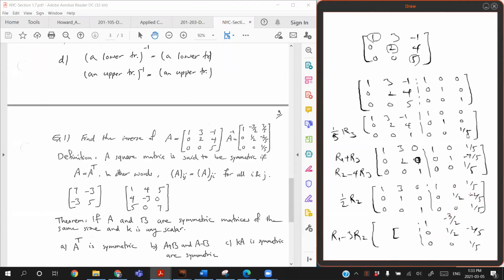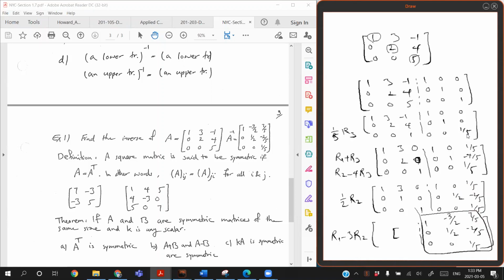And finally, -3 times this is 6/5. 6/5 added to 1/5 is 7/5. So this would be my inverse.